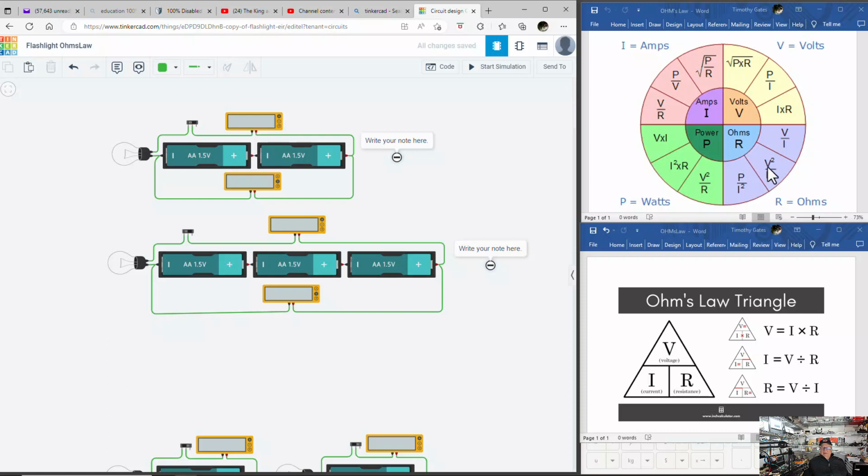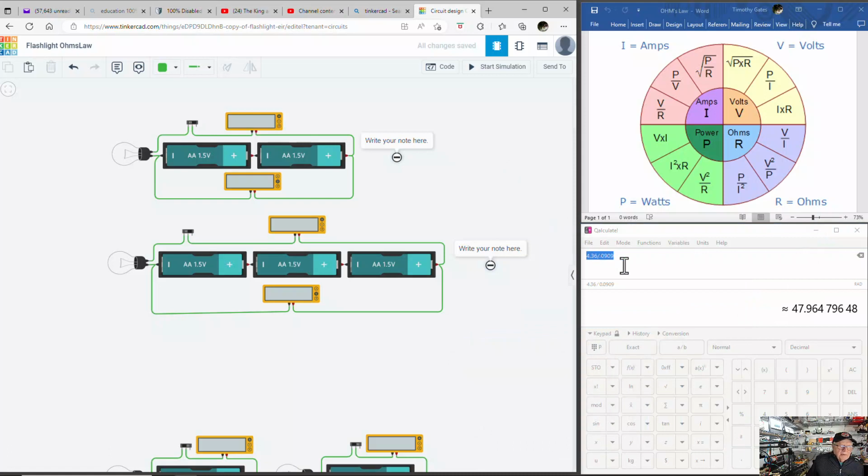But you see some of them are a little bit more involved. So these 12 include 3 each for these 3 factors. But let's stick with this one down here for now. So I'm going to minimize that. I'm going to bring up a calculator so we can do some calculations.